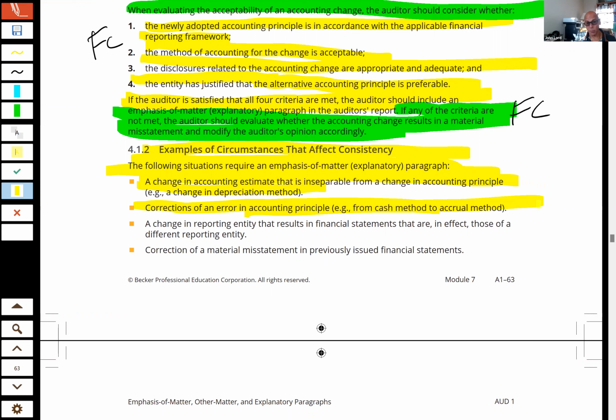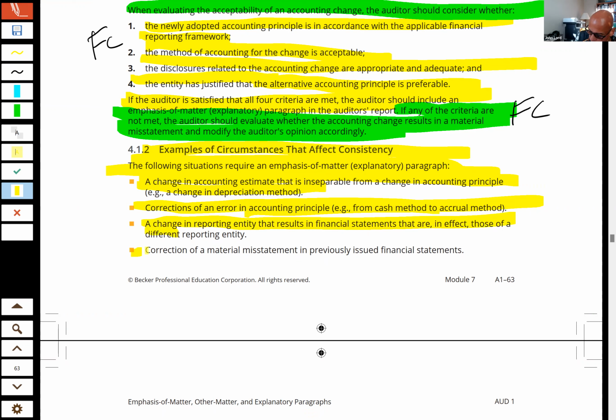If they made an error in a previous year and they've corrected it, we already issued the statements and now they're correcting that. And we're doing what? We're saying, well, here's our opinion on the current year statements, unqualified, unmodified, but you should know that they screwed up last year and they have fixed that now. Okay, well, that would require the explanatory paragraph, the emphasis of matter, a change in reporting entity.